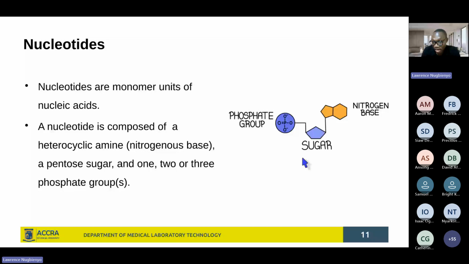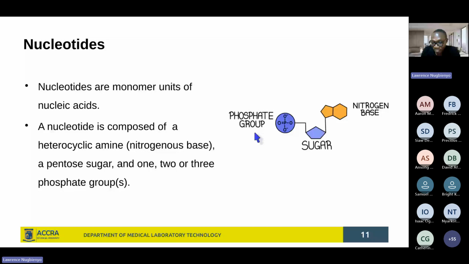They carry negative charges, which explains why you can use this practically in the laboratory when doing things like electrophoresis, because you have nucleic acids carrying negative charges. When you apply an electric field, they move towards the anode, or the positive terminal.